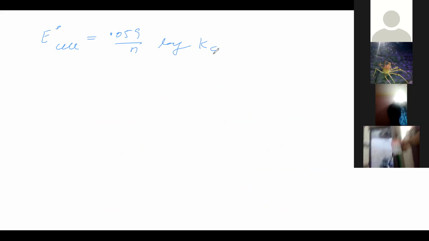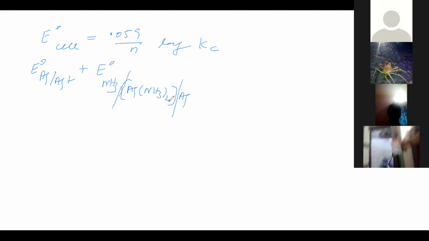E naught cell is SOP of anode, anode is Ag bar Ag plus, plus SRP of cathode. Cathode is the complex Ag(NH3)2 plus. In the complex, Ag plus is converting into Ag and ammonia goes to the solution.